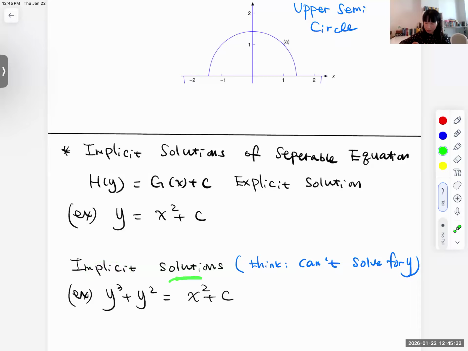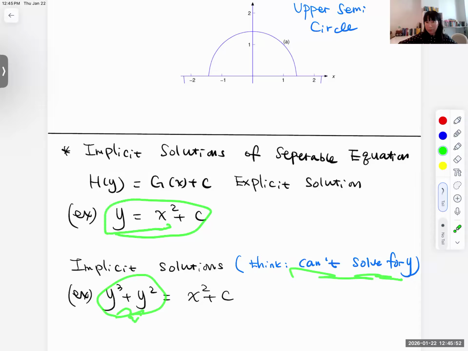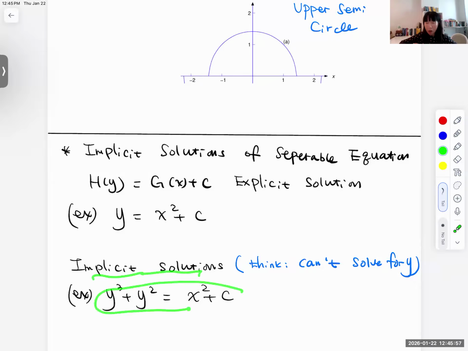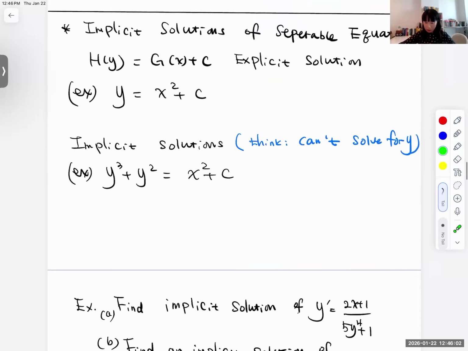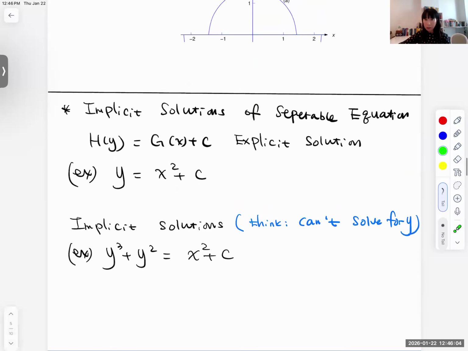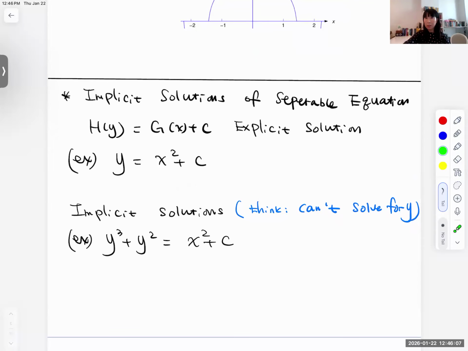Implicit solution is like what we did in Calculus 1, implicit differentiation, right? We cannot solve for y, so it's not as simple as this. So an implicit solution is more complicated. All right, so let's do the next questions.